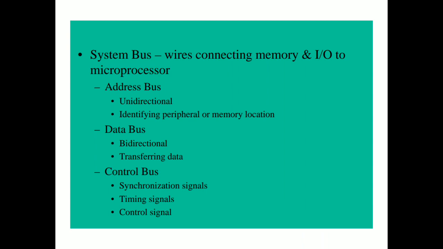In case of address of a memory location, the output of program counter within the microprocessor is given to the memory. The internal decoder in the memory decodes the output of the program counter to locate a specific register in the memory.